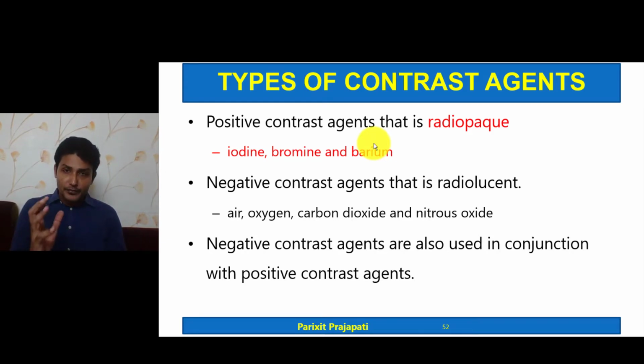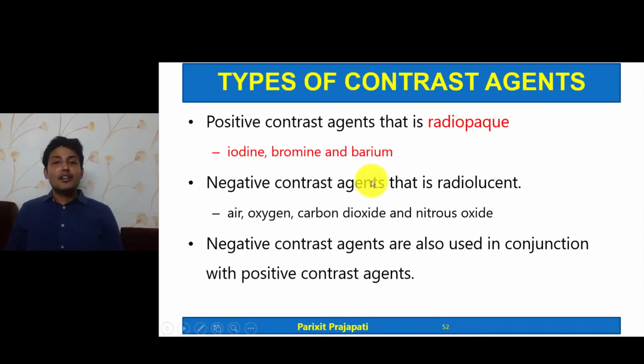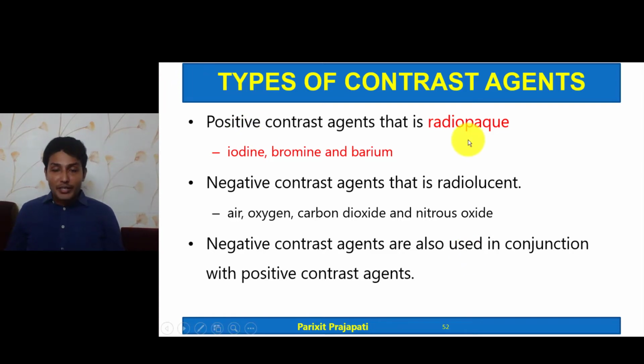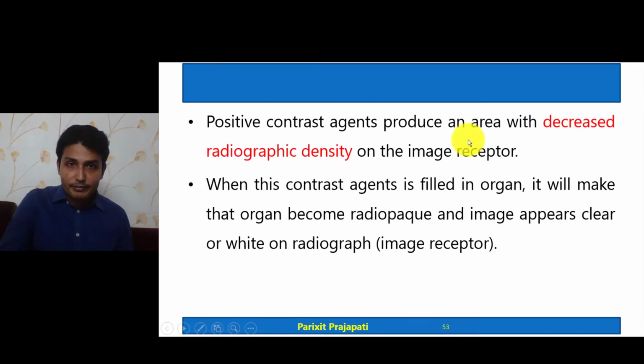While negative contrast agents are radiolucent, so they allow X-rays to pass. Air, oxygen, carbon dioxide and nitrous oxide are all negative contrast media. Negative contrast agents are also used in conjunction with positive contrast agents. What we are going to discuss is positive contrast agents.